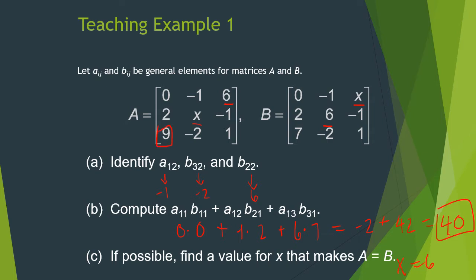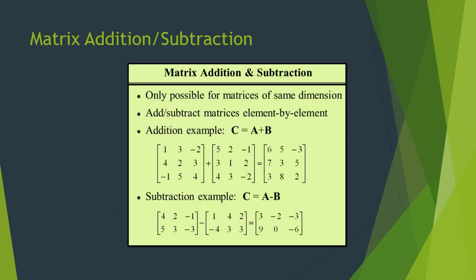It wouldn't matter, because 9 and 7, A31 and B31, do not equal. So not possible, because A31 does not equal B31. Gotta pay very close attention.